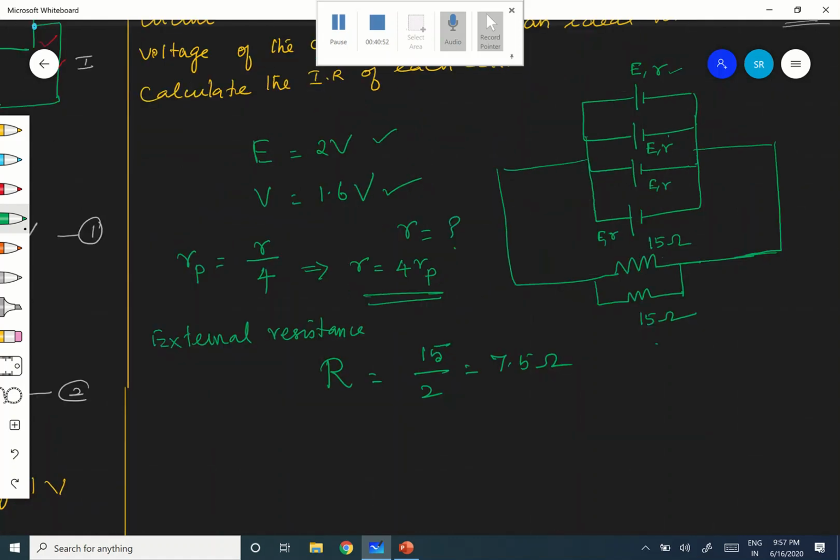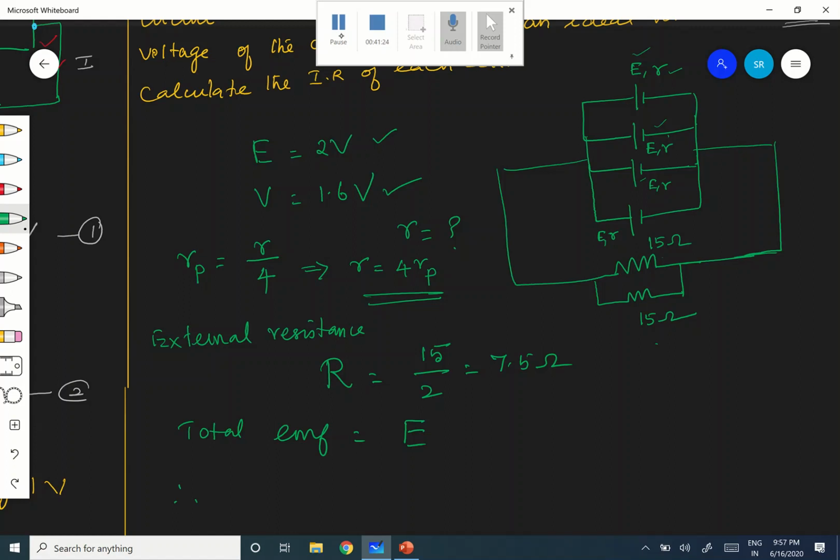Why E? Because all are identical cells in parallel, the net EMF will be equal to the individual EMF, E only. I think we have seen this in grouping of cells.